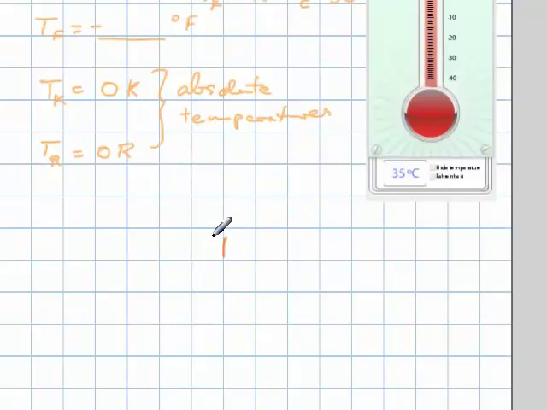writing this down here. So TF equals 1.8 times TC plus 32, and now, in order to figure out where they meet, TF meets TC, that would be to say that the two are the same as far as the value is concerned.